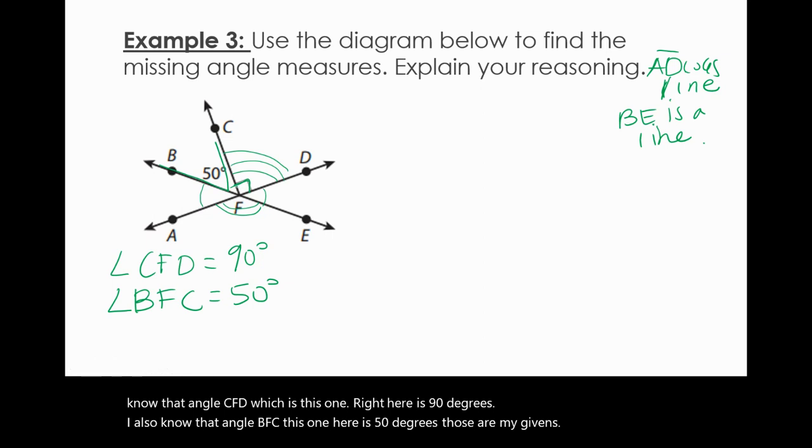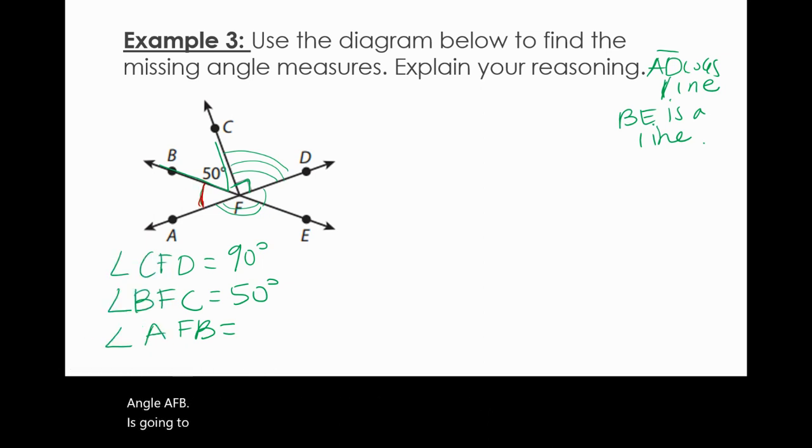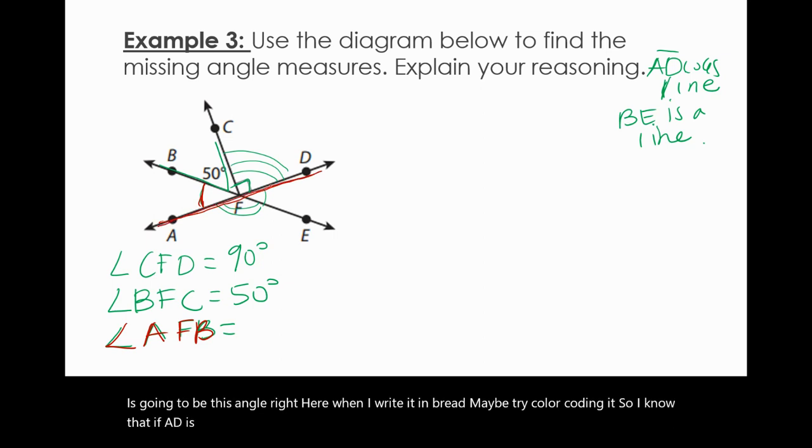Now, let's say I want to find angle AFB. Let's start there. Angle AFB is going to be this angle right here. I'm going to write it in red, maybe try color coding it. So I know that if AD is a line, then all three of these add up to 180 degrees because it's a full line, supplementary angles.